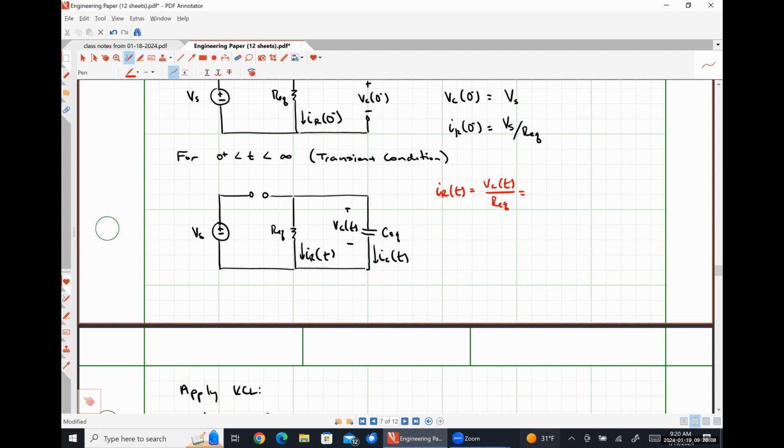So that's going to look like VC at 0 plus e to the negative t divided by REQ CEQ, divided by REQ, where VC at 0 plus divided by REQ is literally just IR at 0 plus.